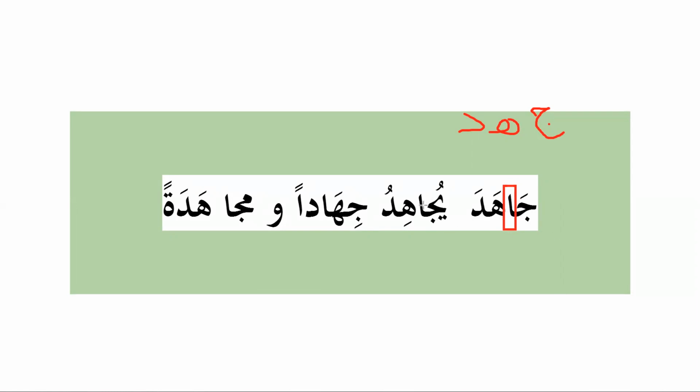Then for present tense, you remember that we have 3 families that take Dhamma on the symbol of mudare. So yujahidu: Jahada, yujahidu, that's the pattern. Then the masdar is jihadan, on the pattern of fi'alan.